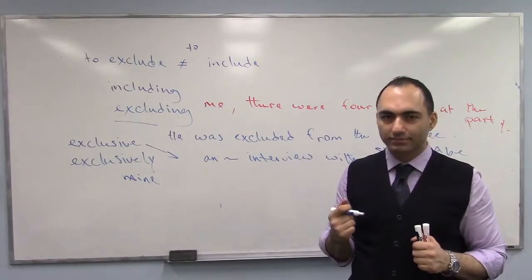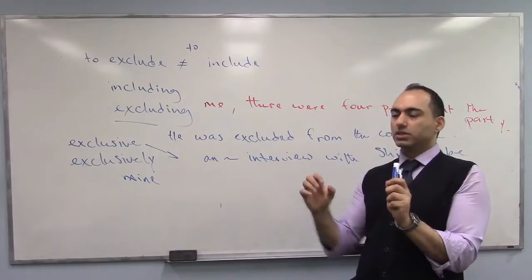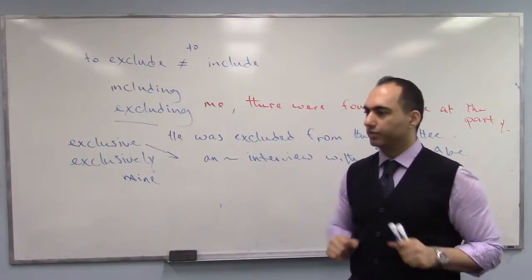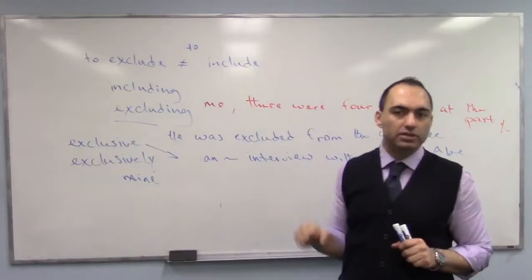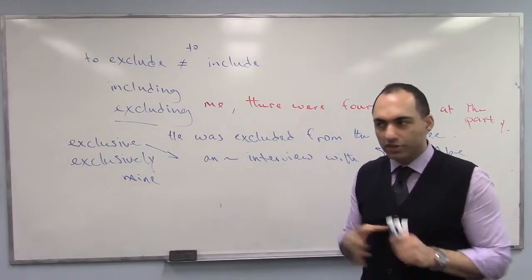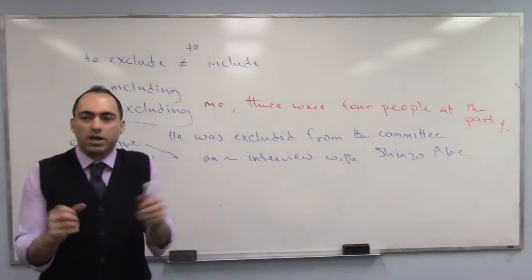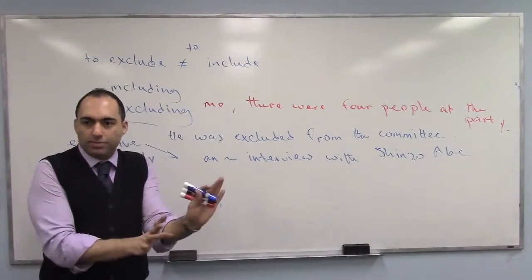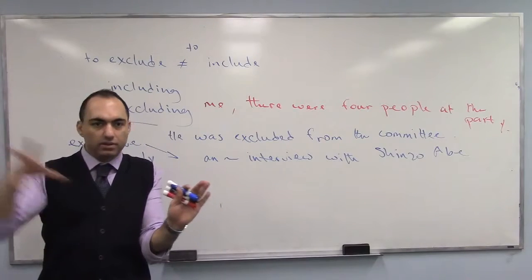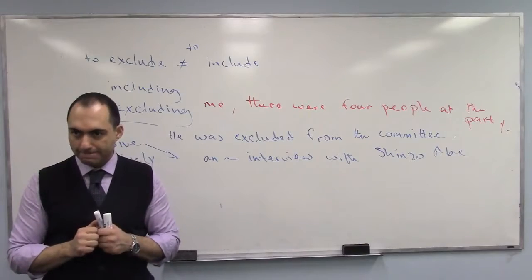BBC has the exclusive right to broadcast this interview. Means only BBC has the right to broadcast this interview. Some products are exclusive. They are exclusively Apple products. Only Apple products. No other companies can claim any right to that product.